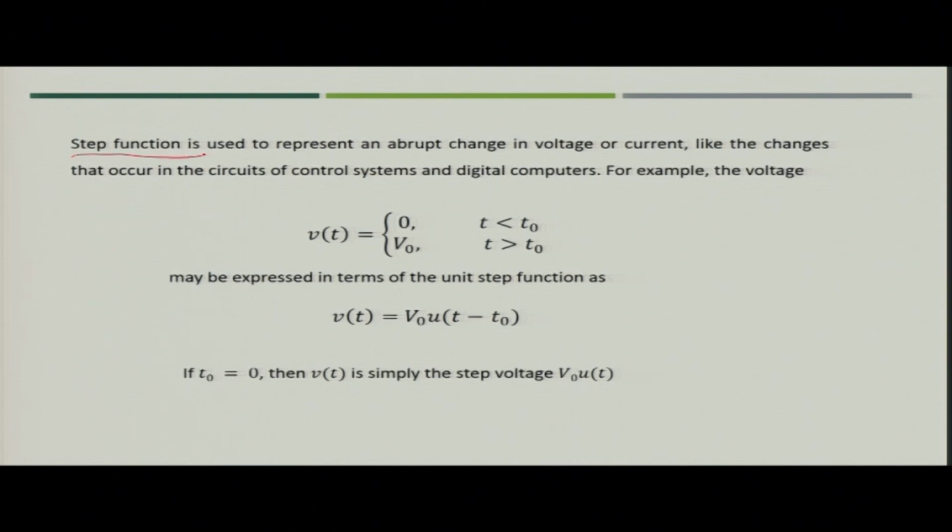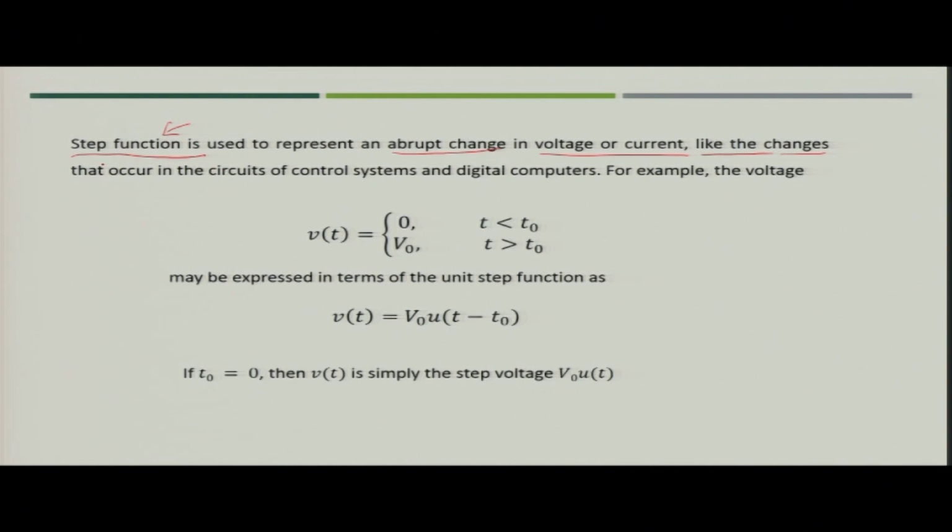Now, the step function is used to represent an abrupt change in the voltage or current. Whenever you apply voltage or current to the circuit through some switching arrangement, you suddenly apply the source to the circuit, and it is represented with the help of the unit step function.